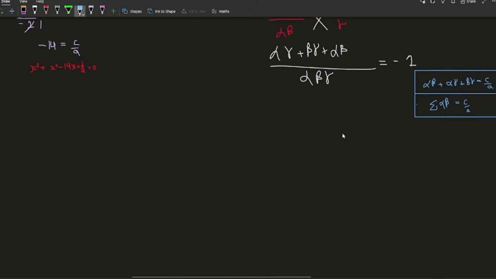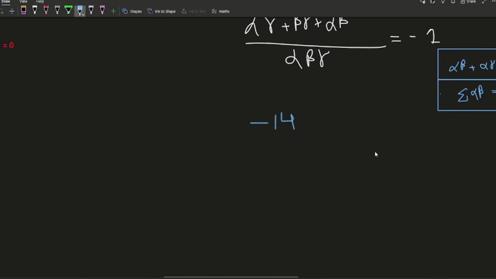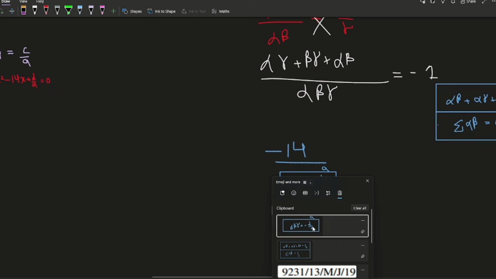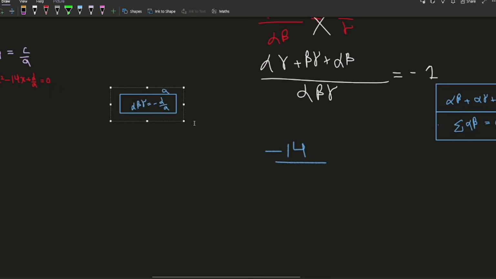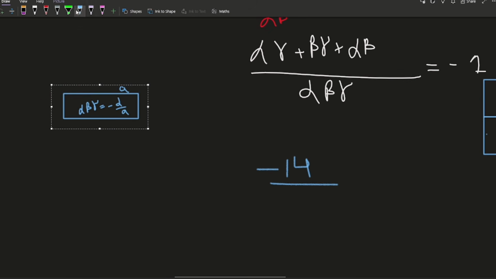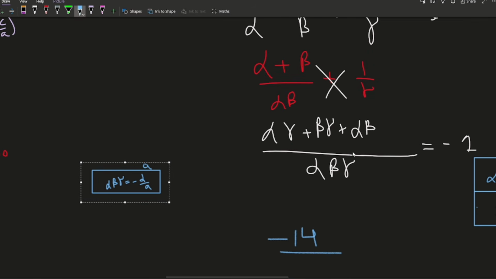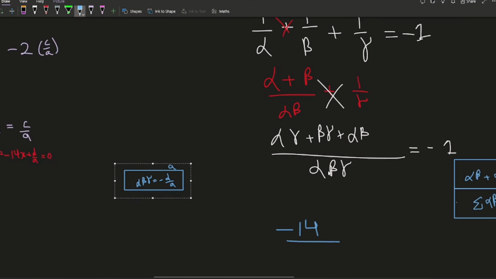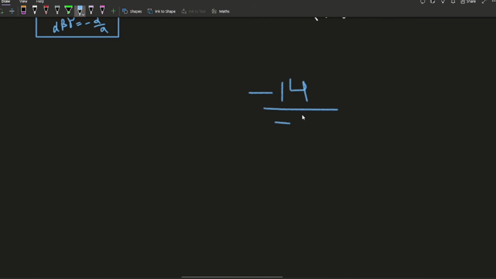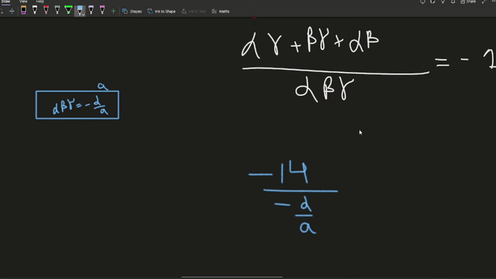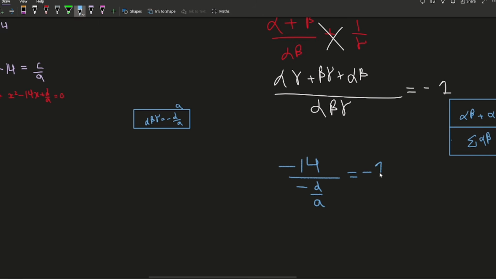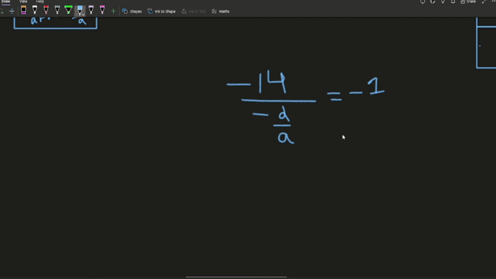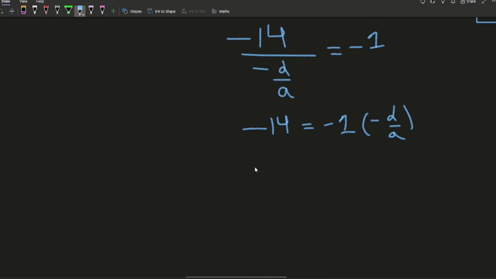So let's input that. We have to find the value for minus d over a, which is the product of roots. So the sum of pairwise roots is being divided by the product of roots. The product of roots equals minus d over a, and all of this equals minus 1, right? So minus 14 equals minus 1 multiplied by minus d over a. So this becomes minus 14 equals d over a.